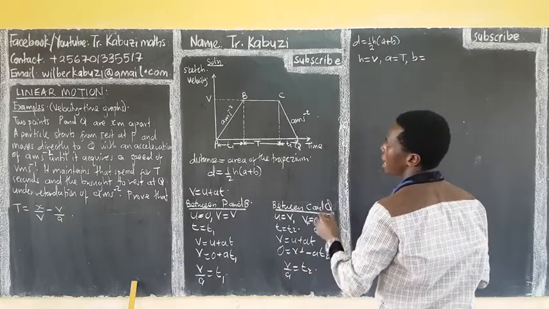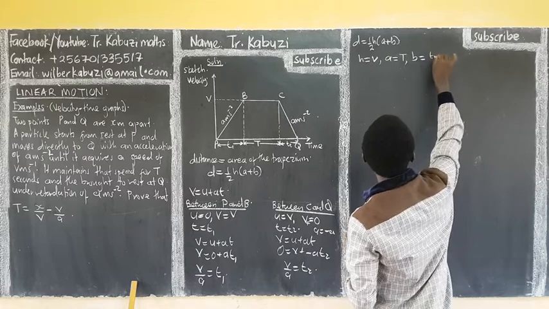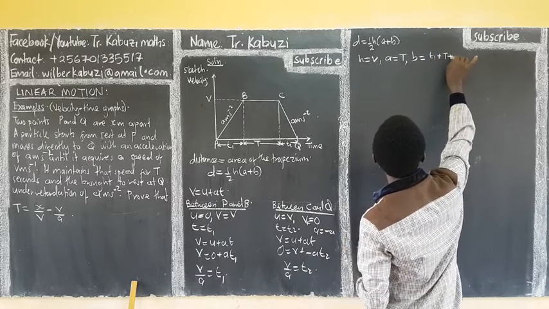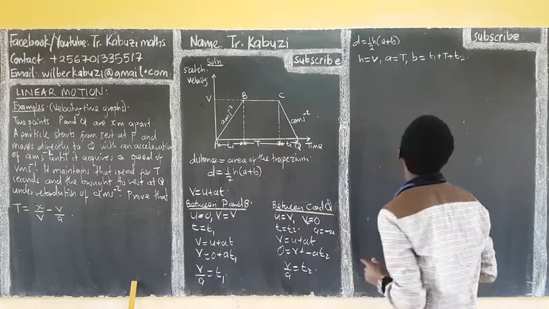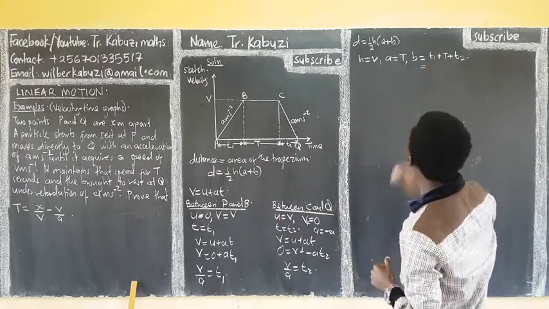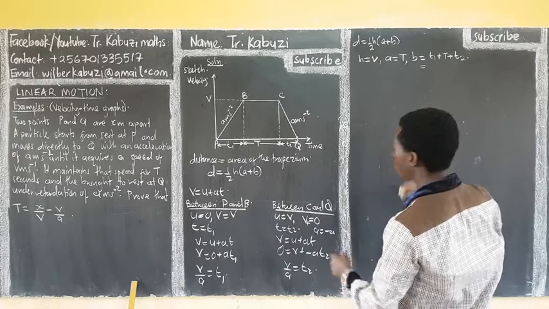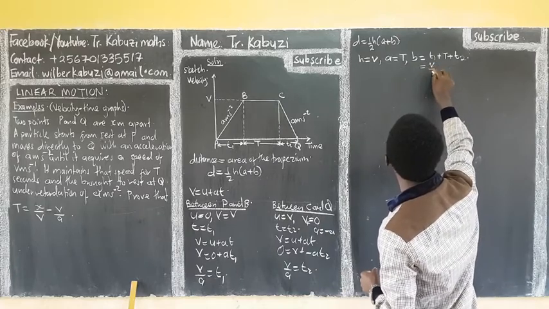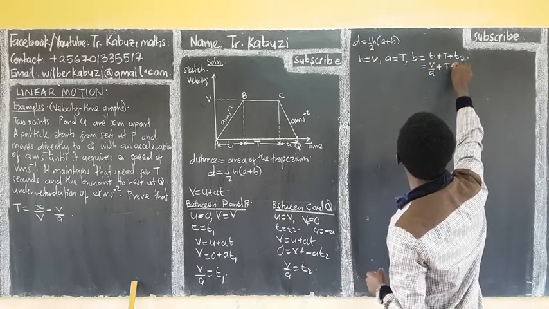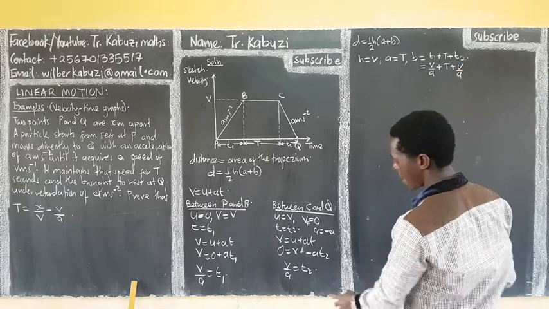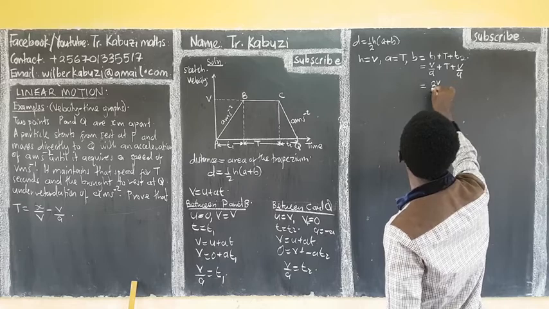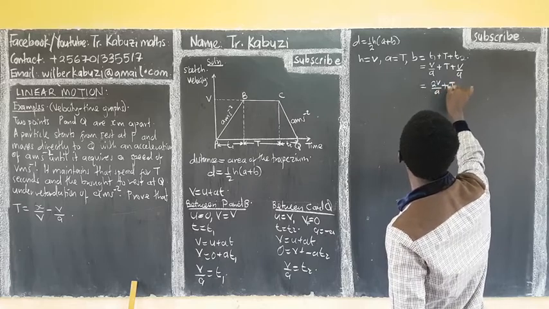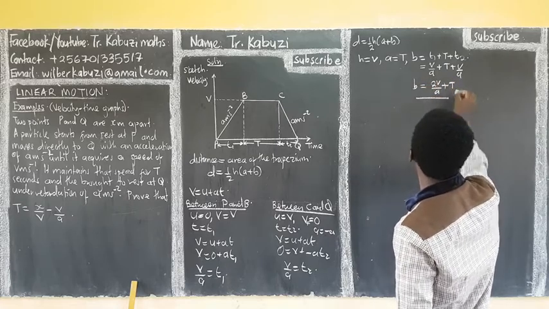My b, I add t1 plus t, then plus t2, to get this plus this plus this. So my t1 is v over a, then plus t, then plus v over a, my t2. When I add these two, I get 2v over a, then plus t. So this will be my b.